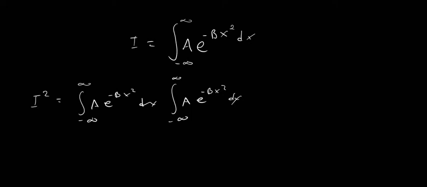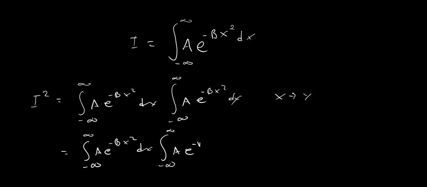We can change this from x to y. So let's go ahead and do that. So this becomes the integral of e to the minus bx squared dx times the integral of e to the minus by squared dy.